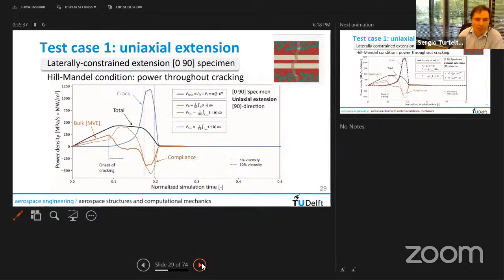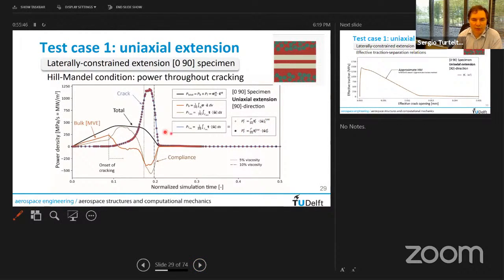And we applied the two different methods that I just mentioned in the previous slide. So one is a kinematic space, the other one is a kinetic space. And in both cases, we match exactly this Hill-Mandel condition. So our effective properties are such that we will reproduce exactly the curve that we want to have. It is consistent from the point of view of energy.